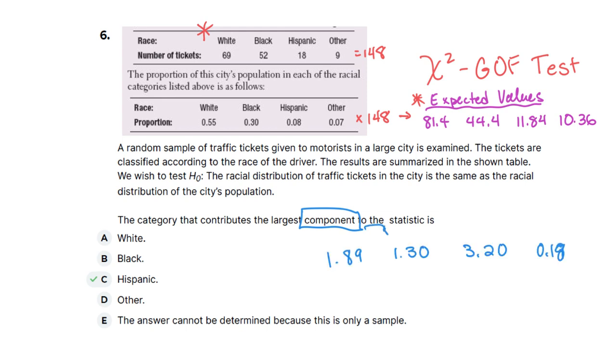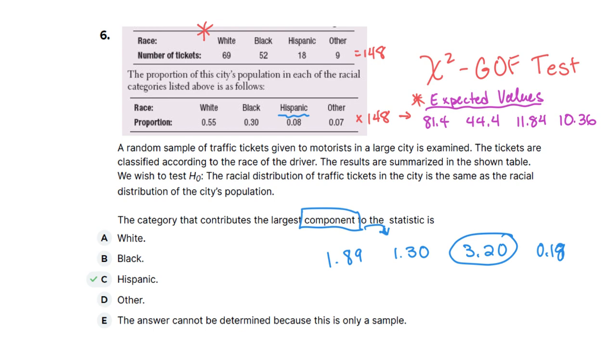My component values I've written down here, rounded from my calculator, but we can see this third value is the largest. It contributes the most to the chi-squared, and since that's in the third place, our Hispanic ethnicity was the one in the third spot, so it ended up being Hispanic.